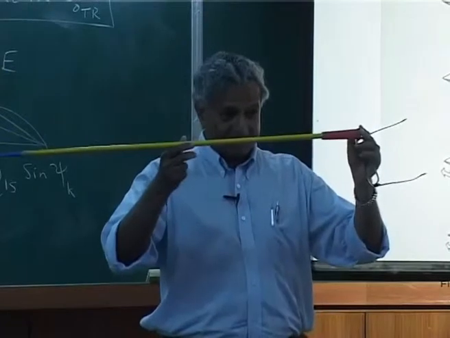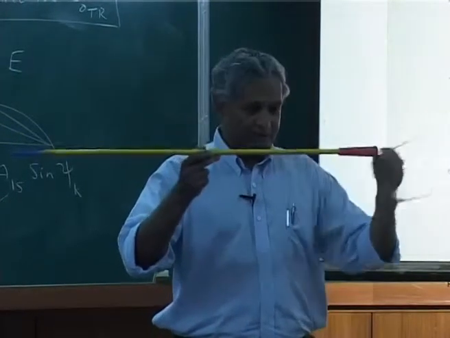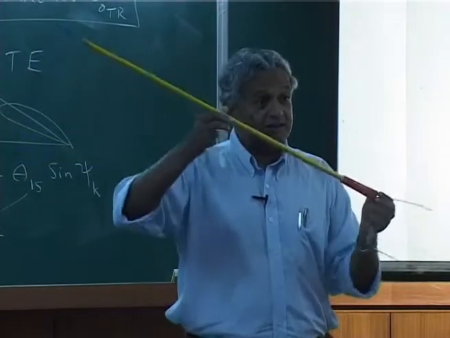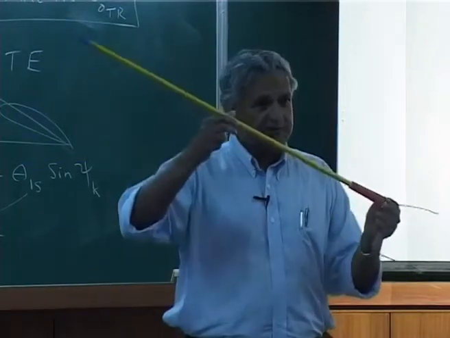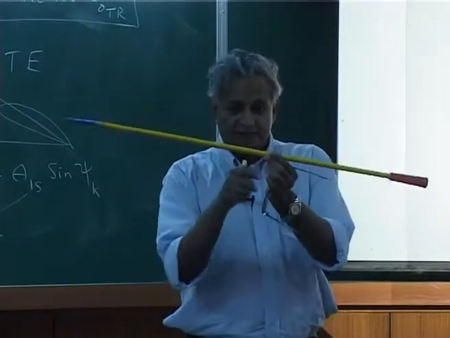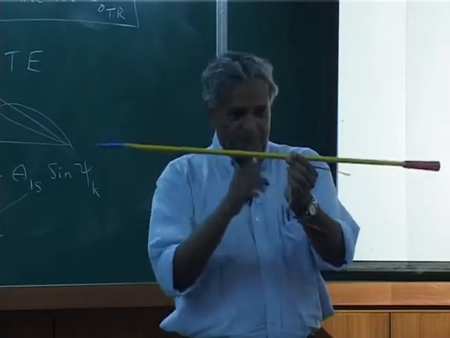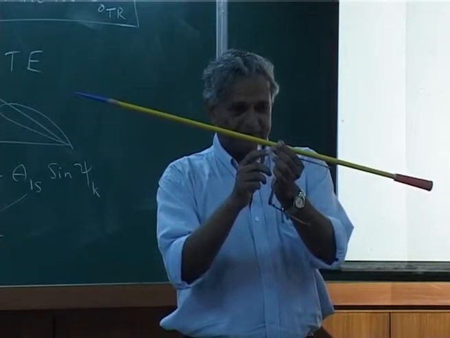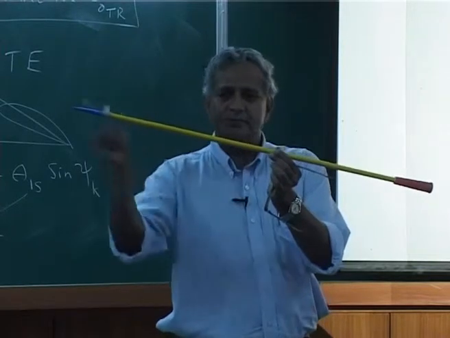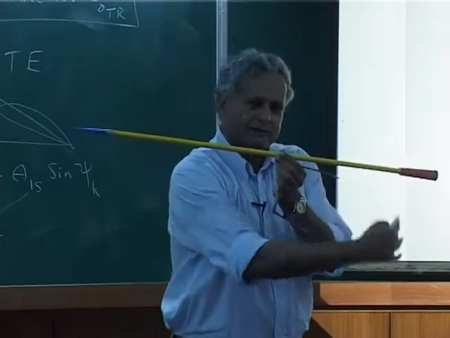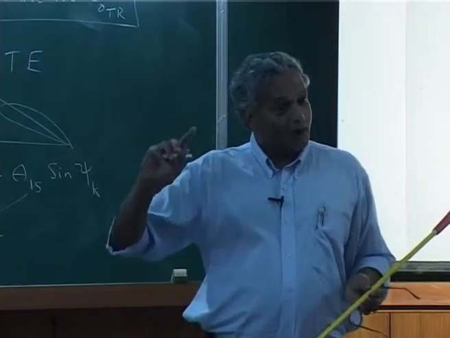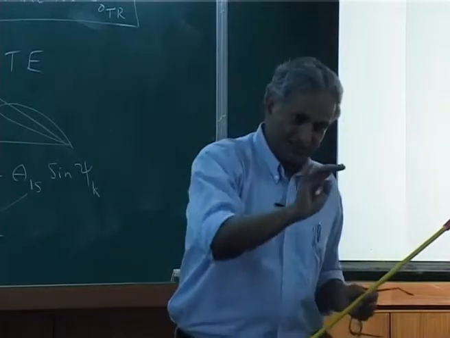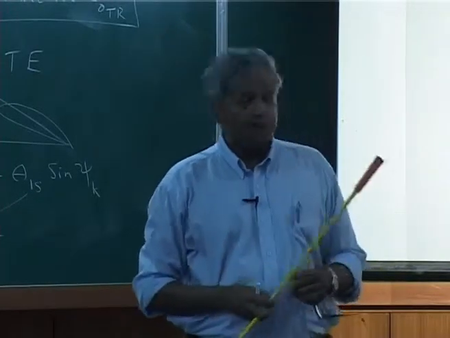When I have the rotor like this, if I want to fly forward, I tilt the rotor disc. How do I tilt the rotor disc? The shaft is straight, please understand. Earlier I told you the shaft is always straight, but the rotor disc is tilted. That means when the blade comes here, it goes up. When it comes to the front, it is down. That means I want the blade to go up and down in a prescribed way. That means I want flap motion.